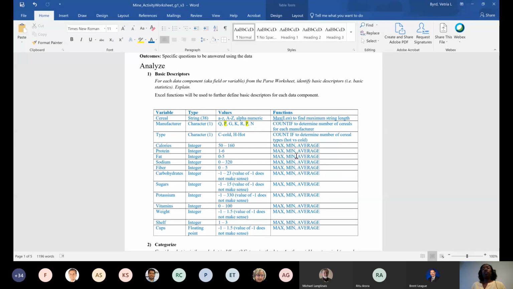The expectation is that they would go further than that. And I've added in the actual calculations. I didn't do average, but I threw that in there because those are the types of things you can do. But in my Excel spreadsheet, I did calculate the max and min for all of these.